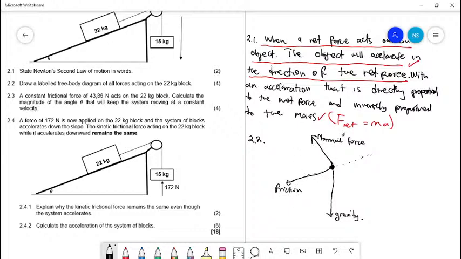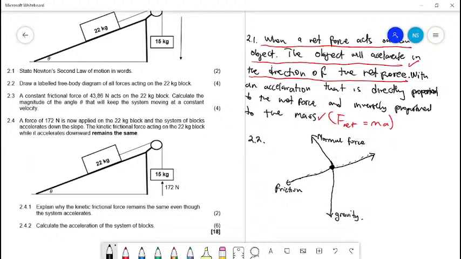Remember, we're drawing 4 forces, and already we have 3 forces. So it means we're only left with 1 force. The fourth force will be the one that goes up. And why is it going up like that?